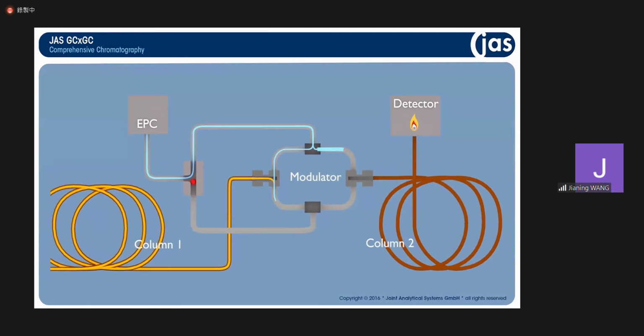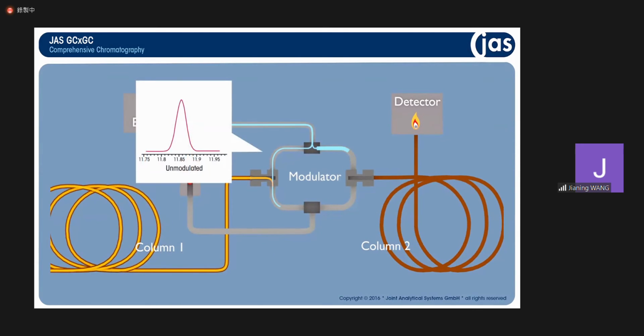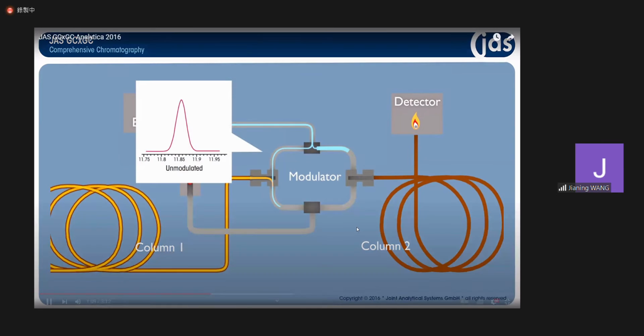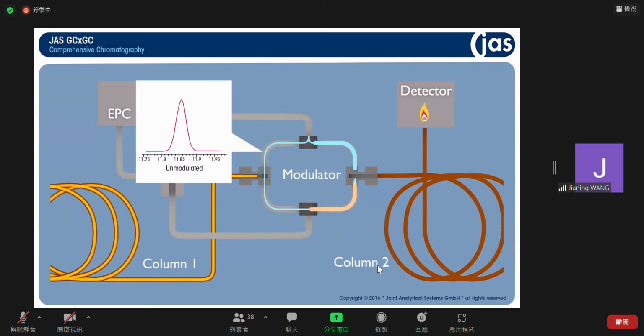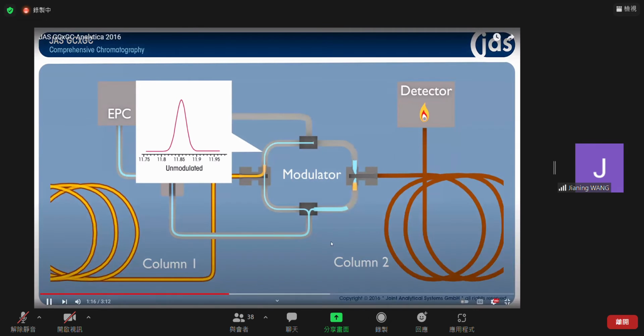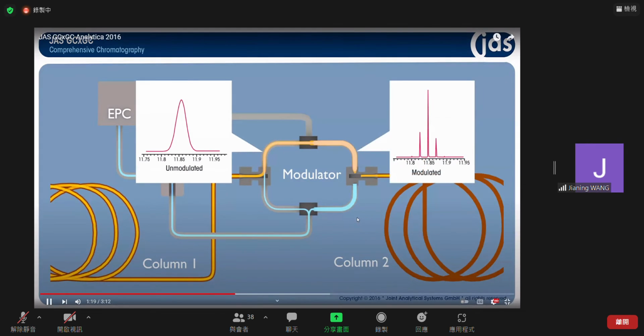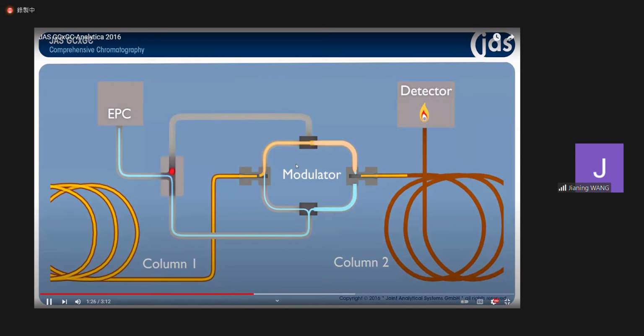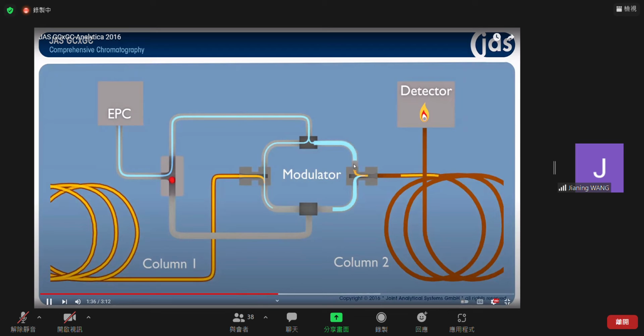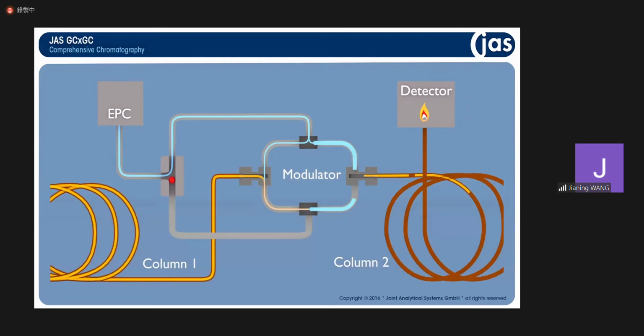To build a 2D GC system is actually not easy, because there is always band broadening. If you consider the second dimension, the sample after separation from column 1 has a relatively bigger volume.